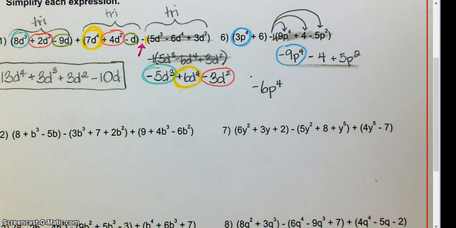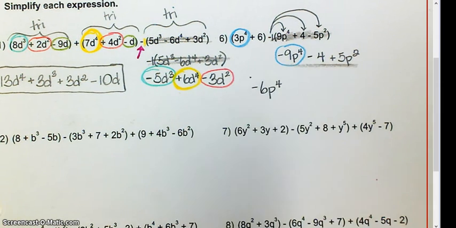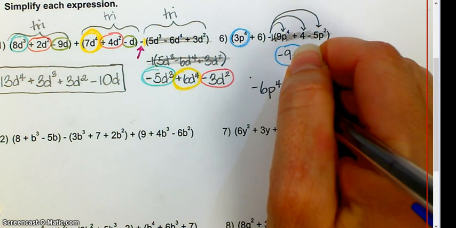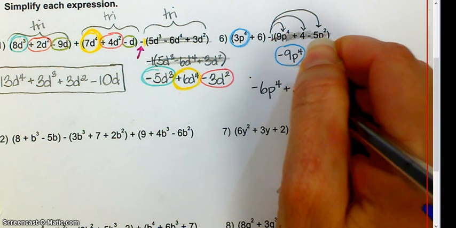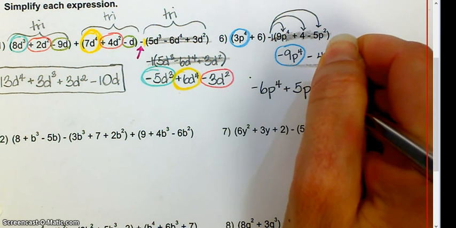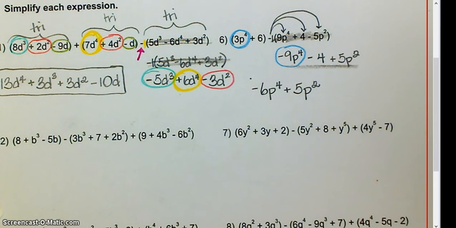All right. Do I have any p to the 3rds? Nope. P to the 2nd? Yes. And there's only 1 in the whole thing, so you just write it down. Plus 5p squared. Any p to the 1st power? Nope.